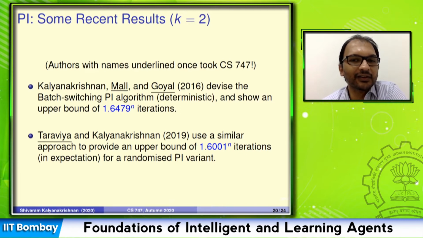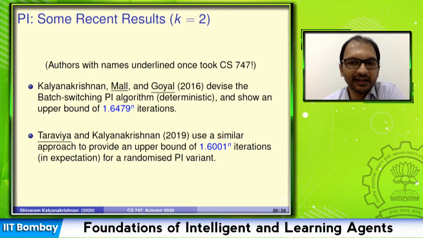Notice that the baselines we have are 2 to the n divided by n for Howard and 1.71 something to the n for Mansour and Singh's random policy iteration. So we actually have a deterministic policy iteration algorithm that does better than both of those on 2 action MDPs. If we allow for randomization, we are able to do better than 1.6479. We bring this down to 1.6001 to the n iterations. This can actually go down even further.